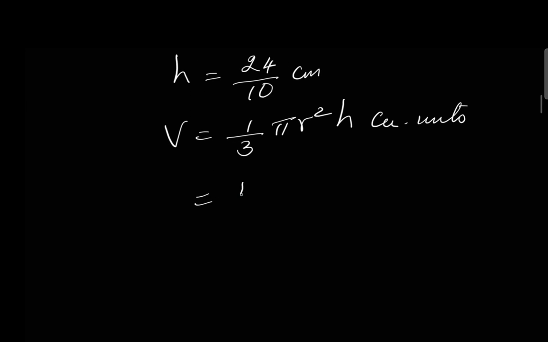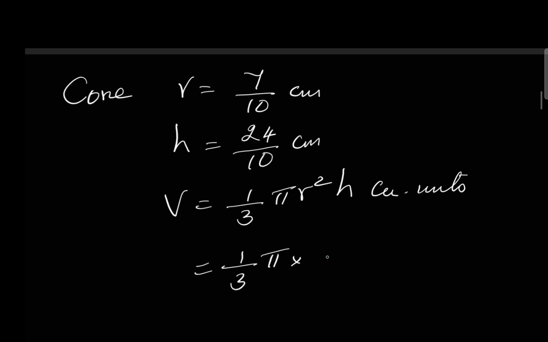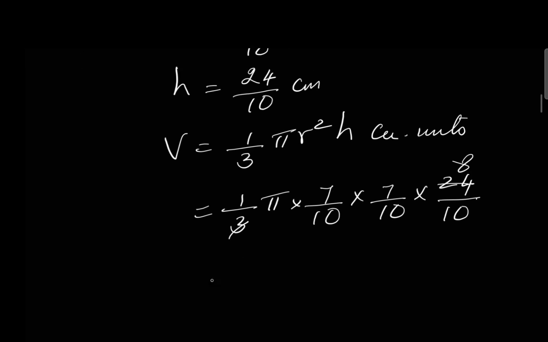So 1 by 3 pi, r is 7 by 10 into 7 by 10, h is 24 by 10. Just cancel here, 3 goes into 24 eight times.